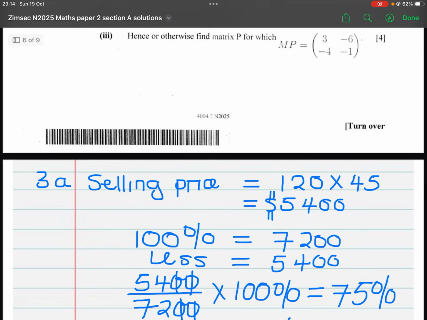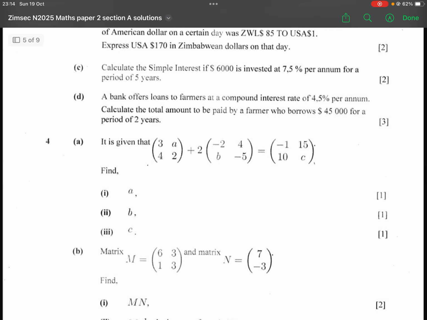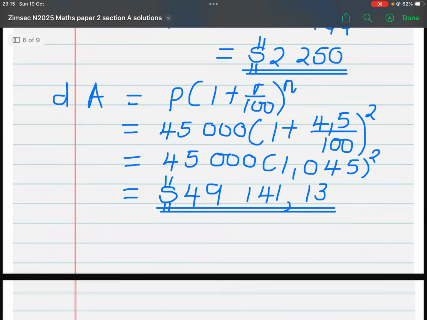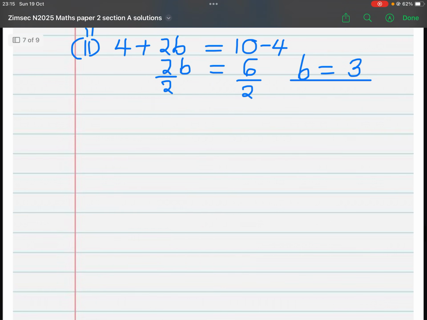Let us see part 3 of the question. On part 3, we are required to find c. So if we say these two plus 2 times minus 5, we are going to get c as our answer, right? So let us write our equation like that.